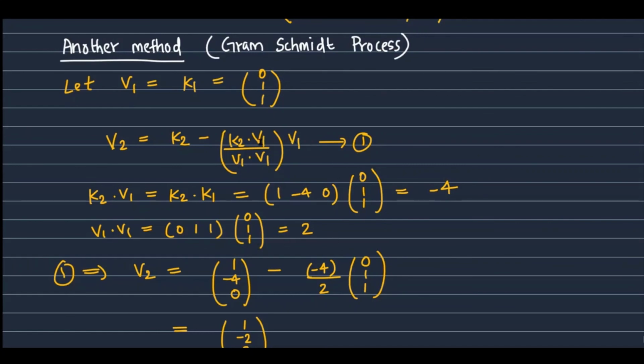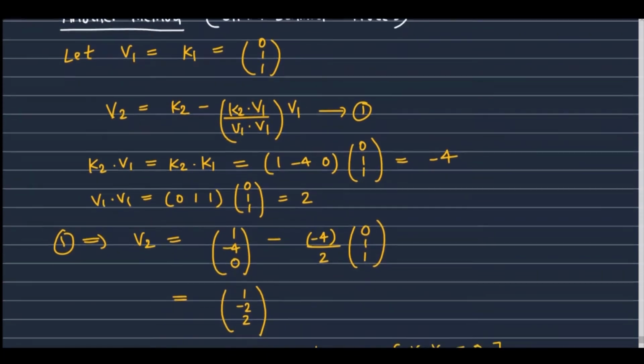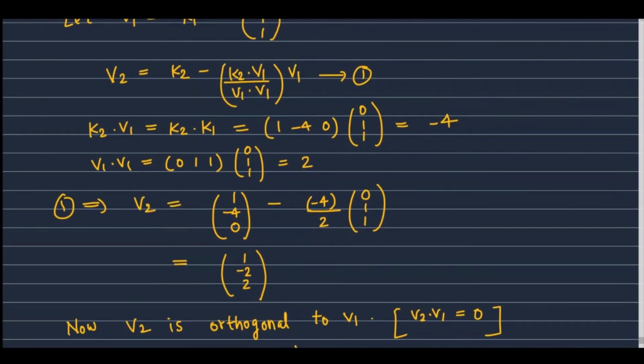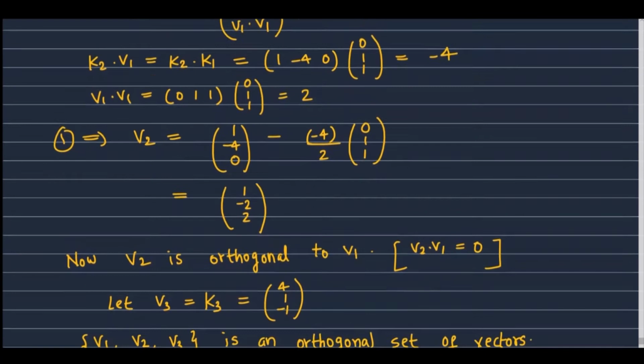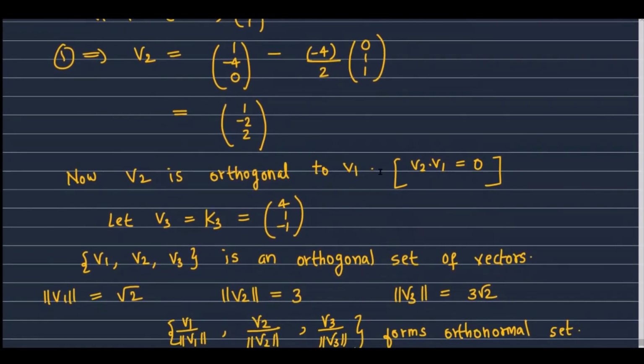So if we substitute these values in equation number 1, we see that V2 becomes 1, minus 2, 2. So by doing simplification here, we will get V2 equal to 1, minus 2, 2. Now we see that V2 is orthogonal to V1. So we got V1 and V2 which are mutually orthogonal.